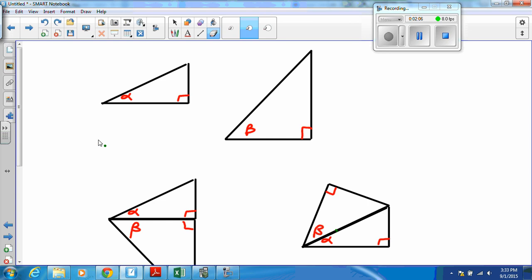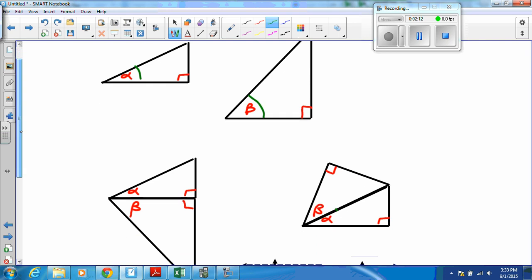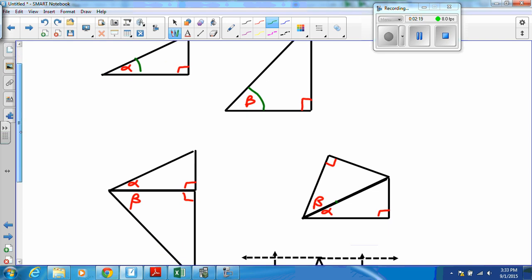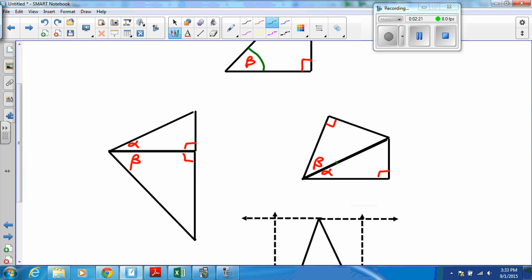If we consider two right triangles whose angles are alpha and beta, then there are three ways that we could put those two triangles together so that we get the angle alpha plus beta. One way would be to match the right angles together like so, and that gives us the angle alpha plus beta. The second way would be to oppose the right angles across from each other.